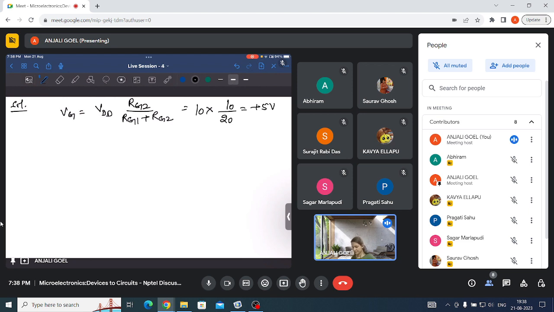Now VGS is equal to 5 minus 6 ID. So ID is equal to half into 1 into (5 minus 6 ID minus 1) whole square. So this gives us a quadratic equation.